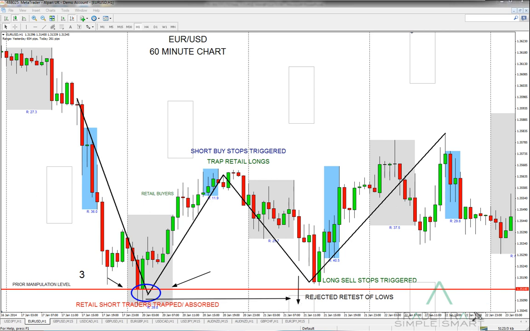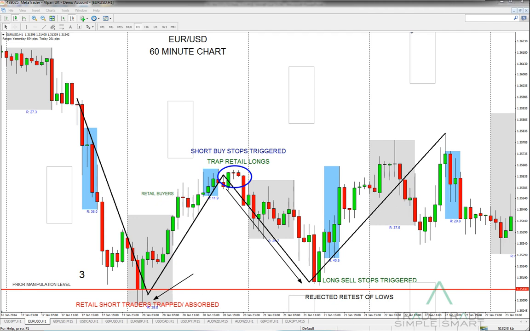Now, smart money are not in the game of allowing retail traders to book profit, so they head back to the level, whether it be the high or the low, and this allows them to stop out or shake out those traders who are in line with the smart money trend, but not enough to release those traders who have already been trapped.